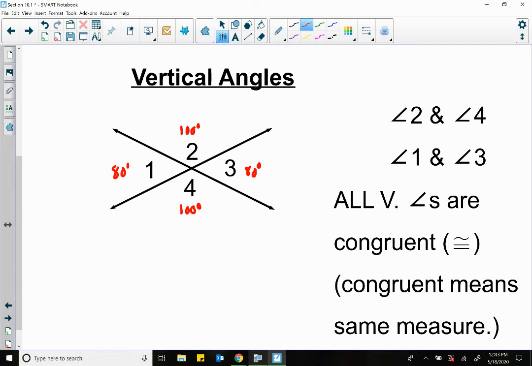Some other things that we know, and you'll see this notation, I use arches. That will represent that these two angles are congruent to each other. Since 2 and 4 are congruent because they're vertical angles, and they're different measures from the other pair, I will use 2 arches for those. These 2 arches mean these two are congruent.